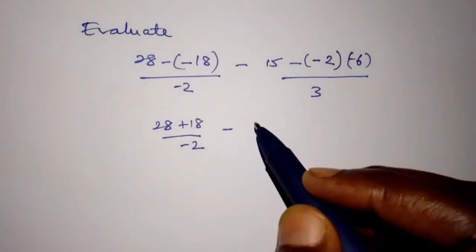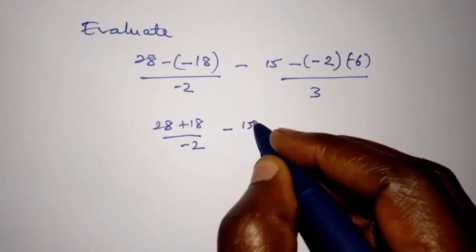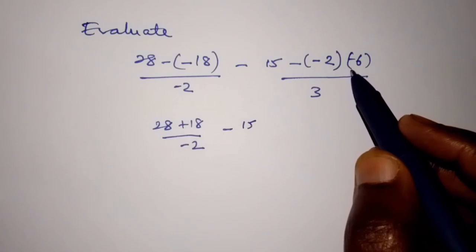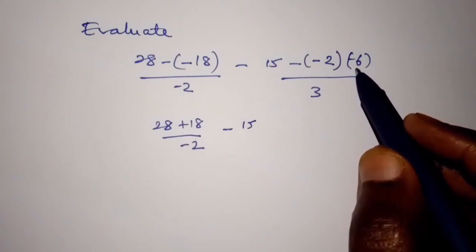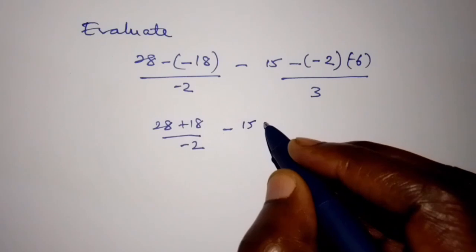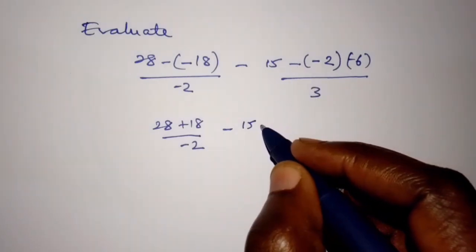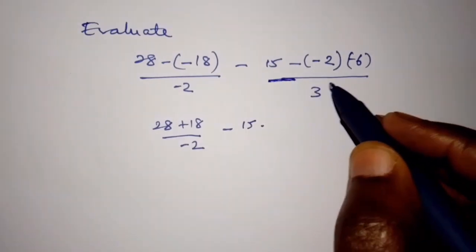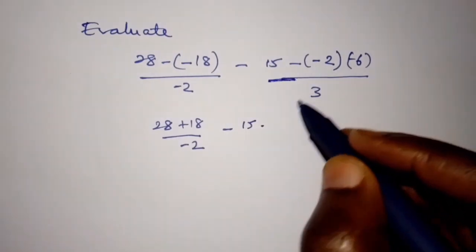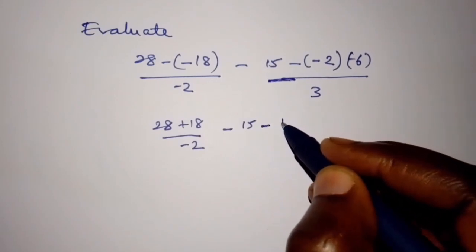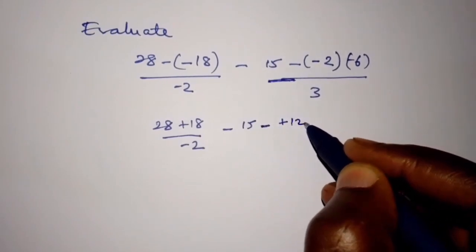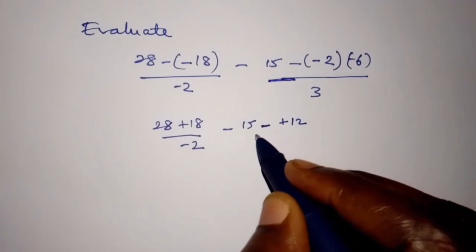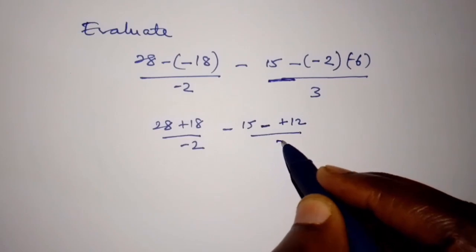So this is 15 minus positive 12, over 3.